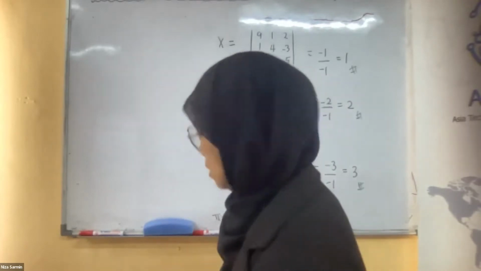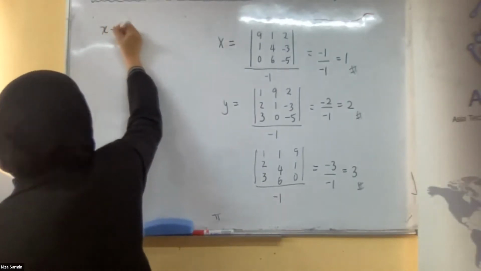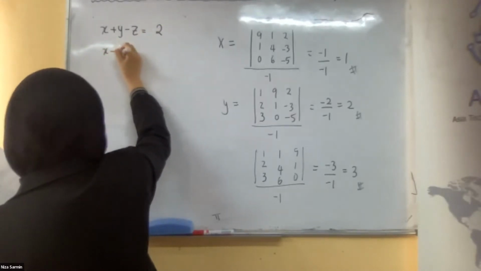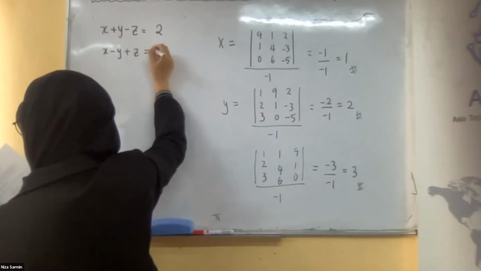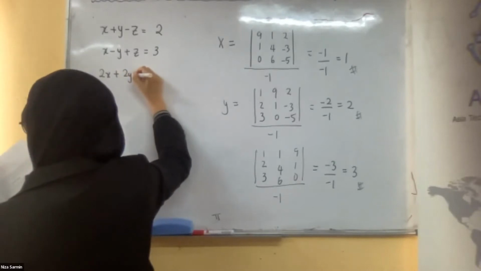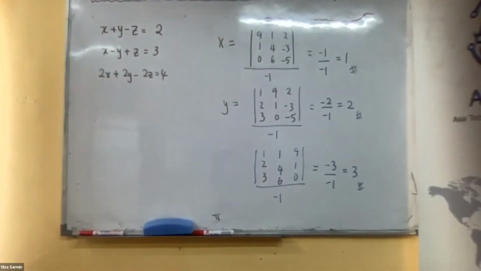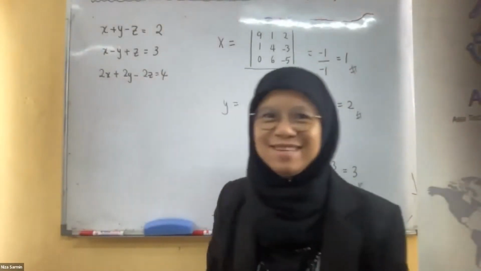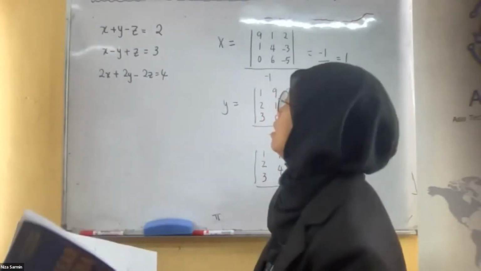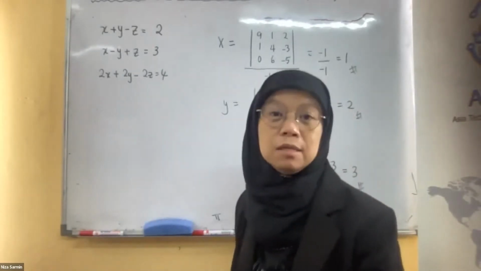The second example is this: x plus y minus z is 2. x minus y plus z is 3. 2x plus 2y minus 2z is 4.